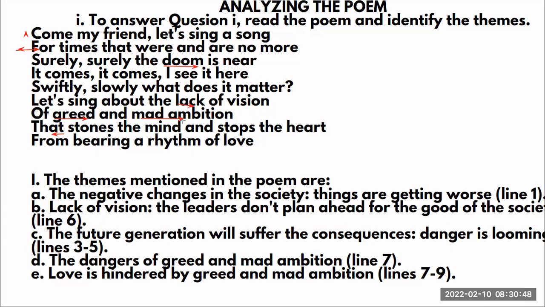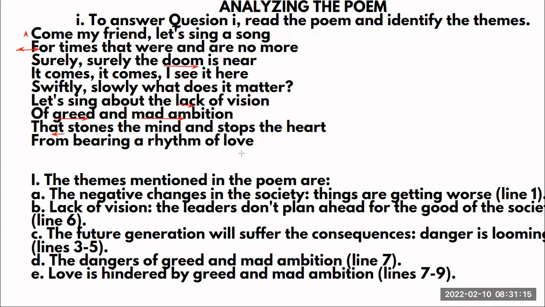Of greed and mad ambition that stones the mind and stops the heart from bearing a rhythm of love. Now, is lack of love. But it's not just the theme of lovelessness or lack of love, but is connected to the idea of what has actually caused this lack of love.